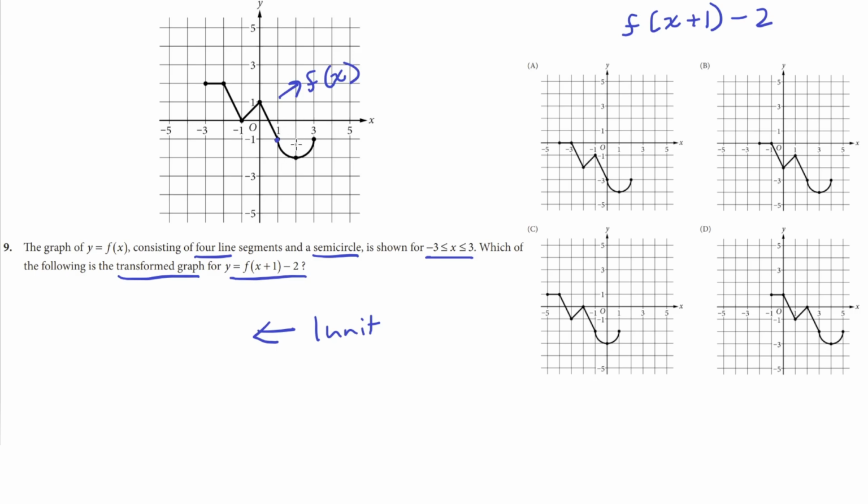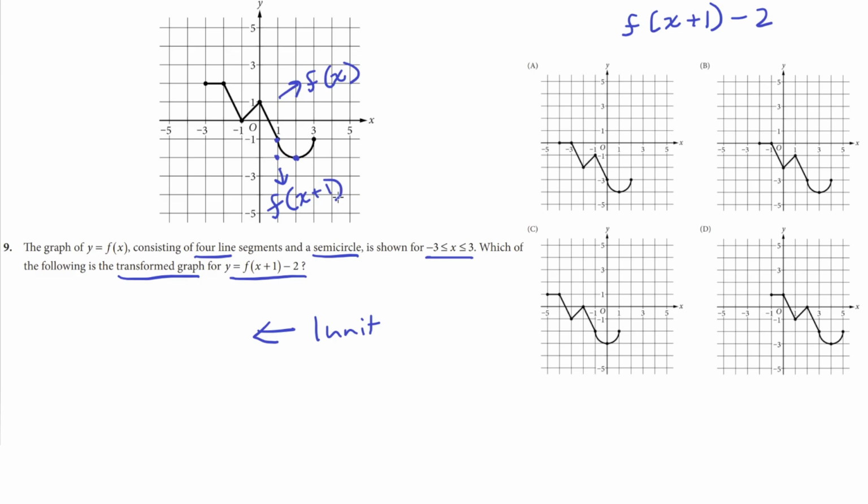And we see on the graph that when the input of f of x is 2, the value of y is -2. But our x value was 1. So that means this point would actually happen over here in the graph of y equals f of x plus 1.